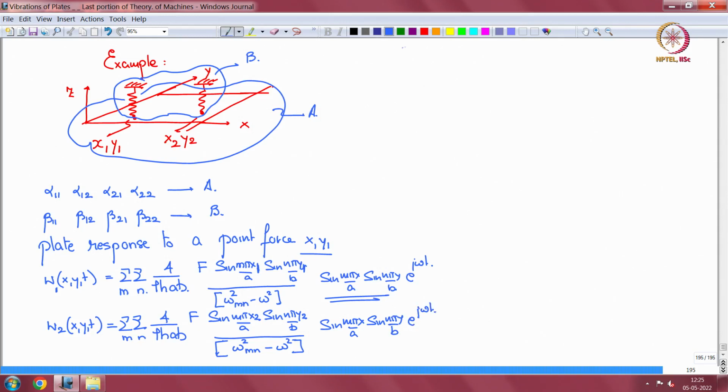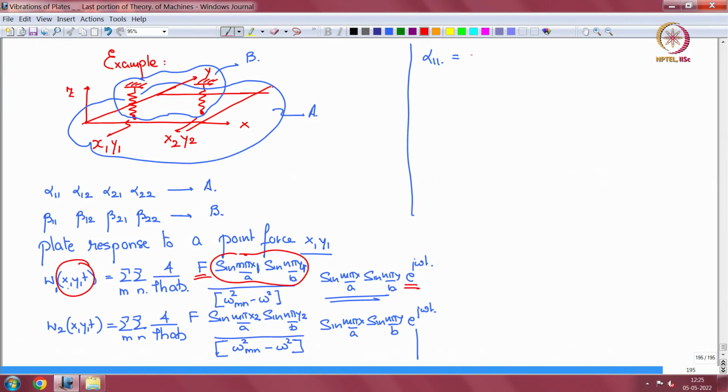Okay. Now, from here, what is alpha 1 1? Alpha 1 1 is the response at x1 y1 due to a force at x1 y1, divided by the force and the harmonic term. So, this also becomes x1 y1.